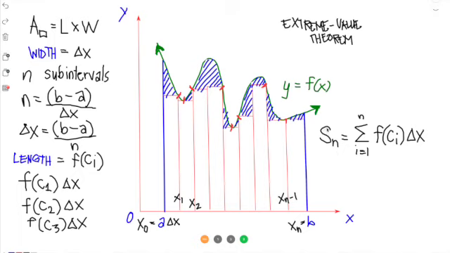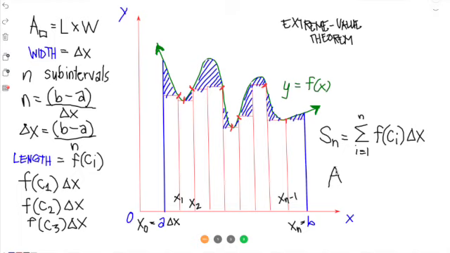So S sub n, which is the summation of the areas of the rectangles that we subdivide our region into, could approximate our area A.